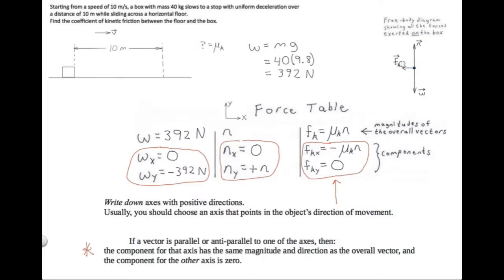For example, the frictional force is pointing in the negative x direction, so the x component of the frictional force is negative. The magnitude of the x component is the same as the overall magnitude, and the y component is 0. When you are representing those components, it's crucial to get these negative signs correct. Put a plus sign in front of your positive component, and then you'll be more likely to notice those crucial negative signs in front of the negative components.